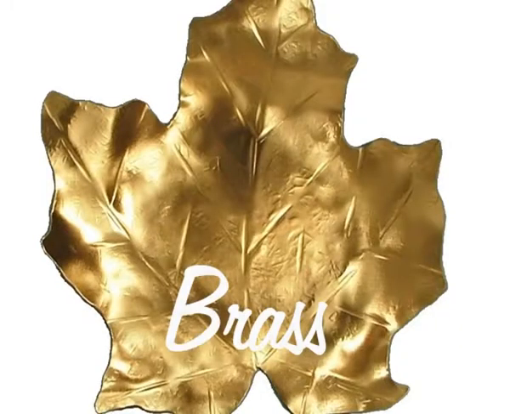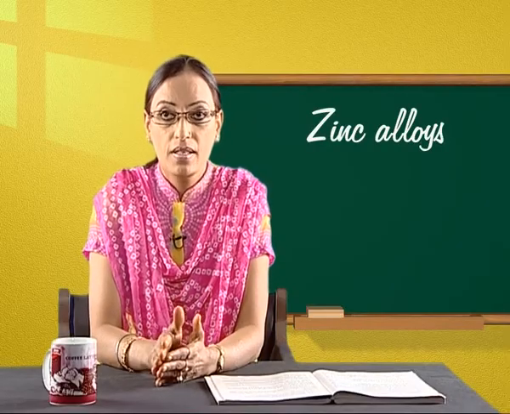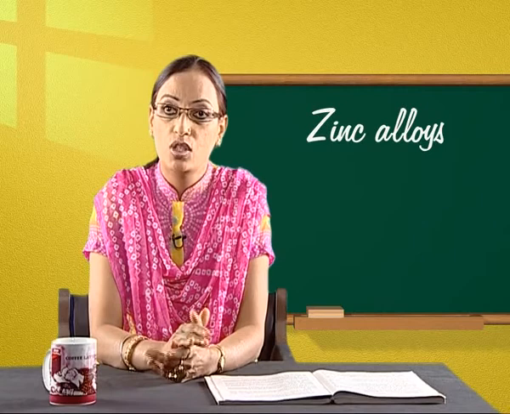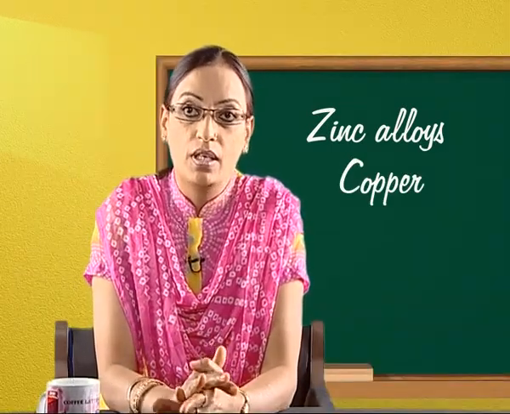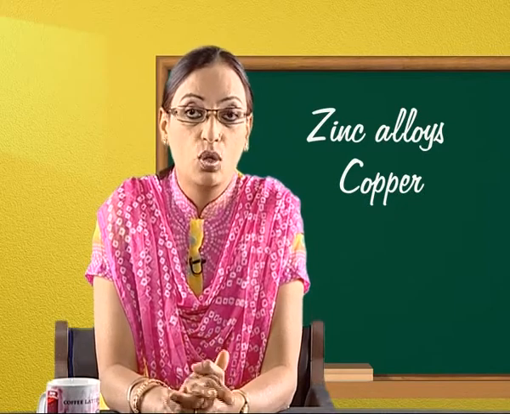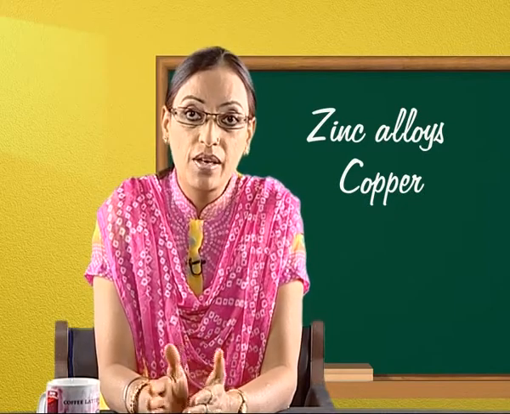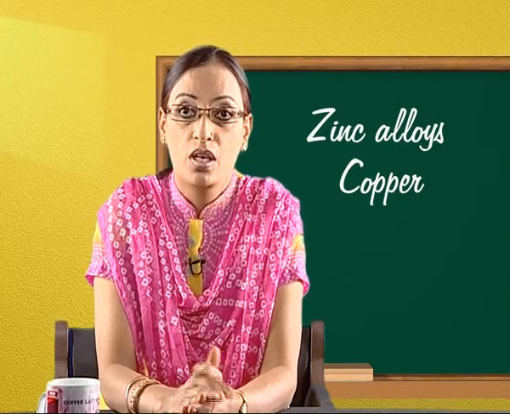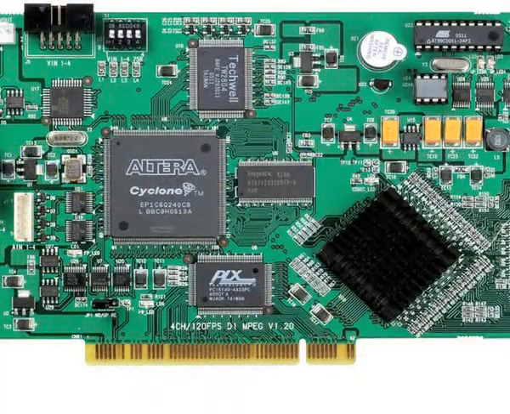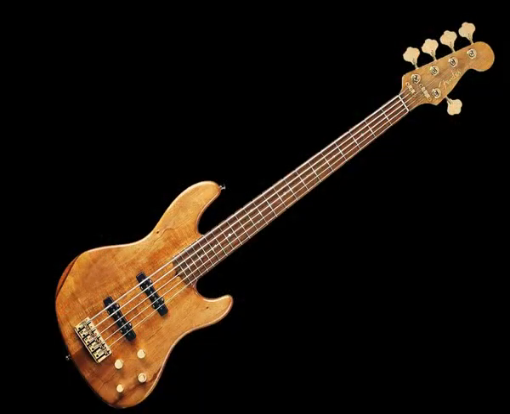Brass is one of the most important zinc alloys and consists of a mixture of this element with copper. It is generally stronger and more ductile than copper. It has superior corrosion resistance and is widely used in water valves, hardware, instruments, and communication equipment.